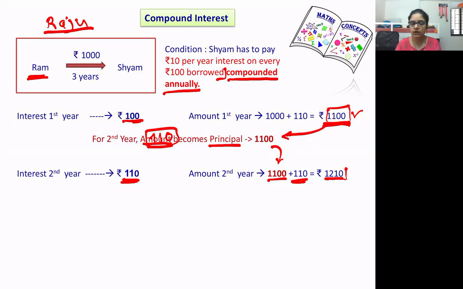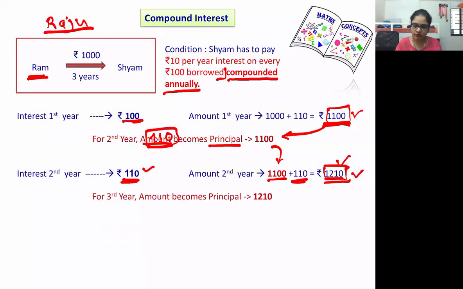Now Ram says, okay, now my principal is 1,210 because this is my money. This interest is also my money. So consider this as the principal, and consider that I have lent you this money again for 1 year, and now calculate interest based on this money, not on 1,000 rupees or 1,100 rupees.